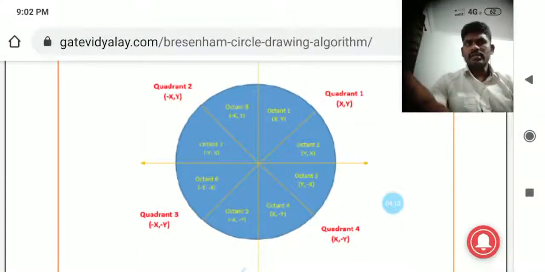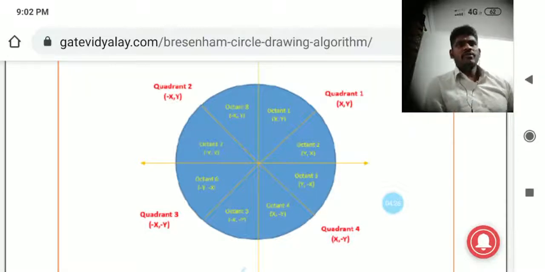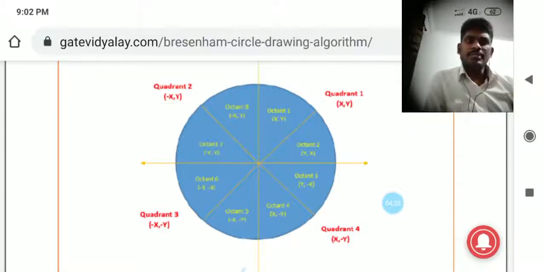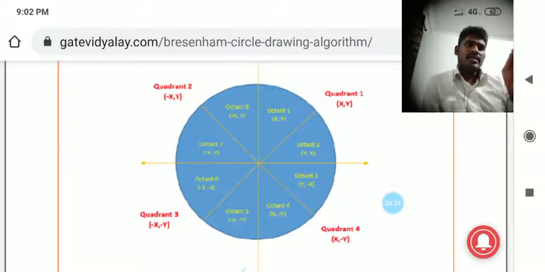When you draw a circle in computer graphics digitally on a monitor or screen, first we follow this type of procedure as in Bresenham's algorithm. What is the procedure? I already told you, a circle is divided into 8 parts.